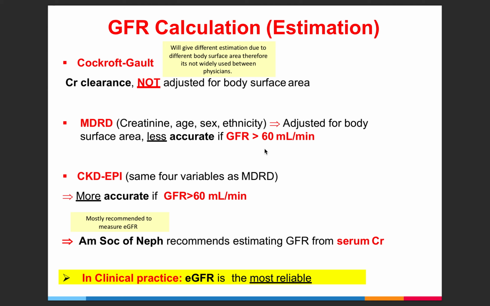The second one is from 90 to 60, which is what we call stage 2. From 60 to 30 is stage 3, and sometimes they divide it. From 45 to 60 is stage 3A, and from 45 to 30 is stage 3B. From 30 to 15 is stage 4, and less than 15 is stage 5.